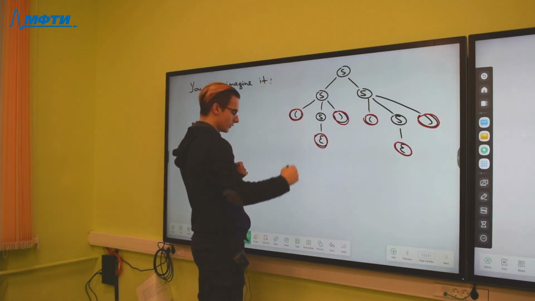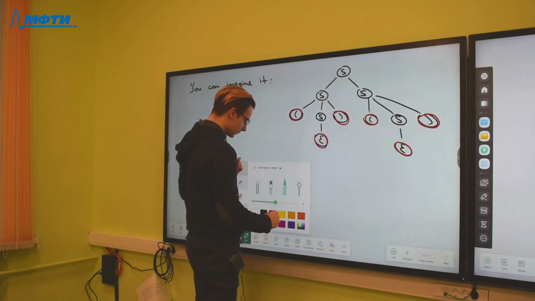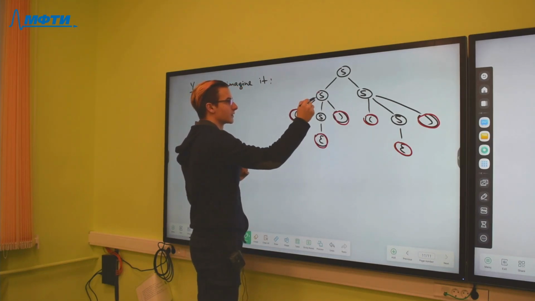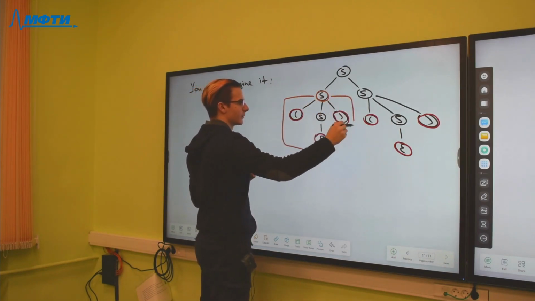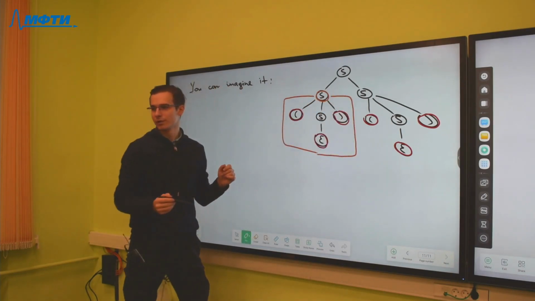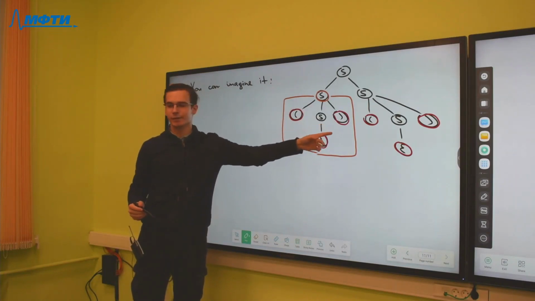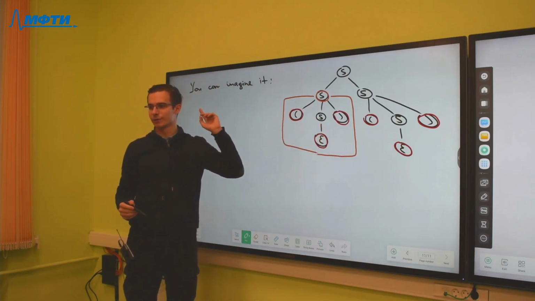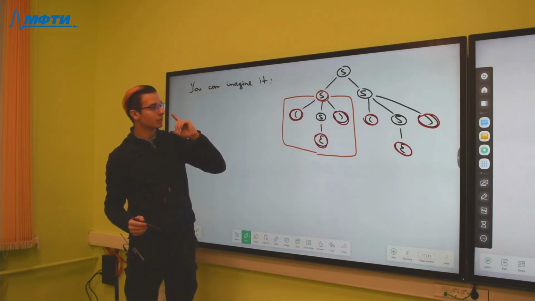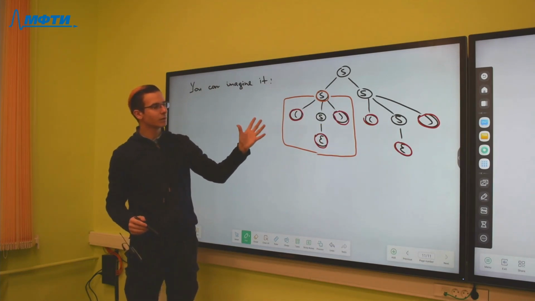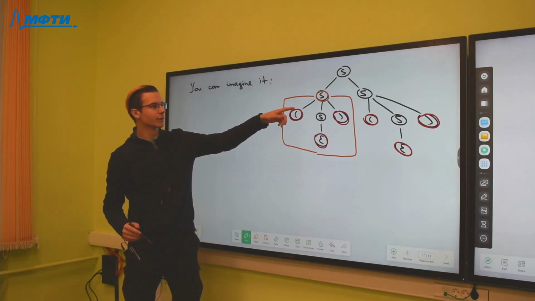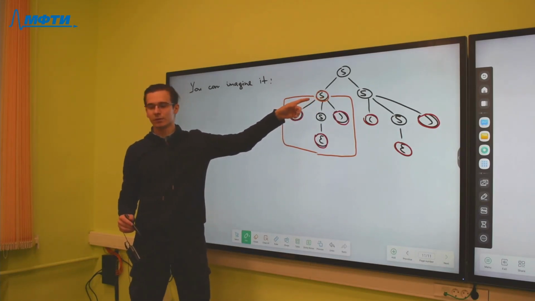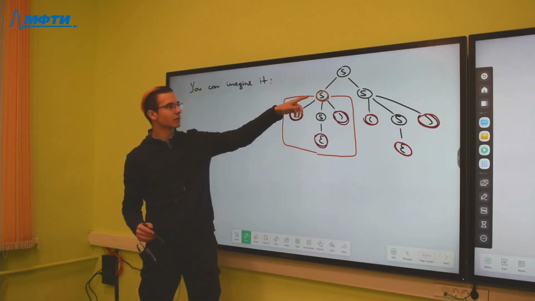For example, this S, it is this subtree, and it is equal to a substring of this word. So it is about how to imagine what the non-terminal characters are.